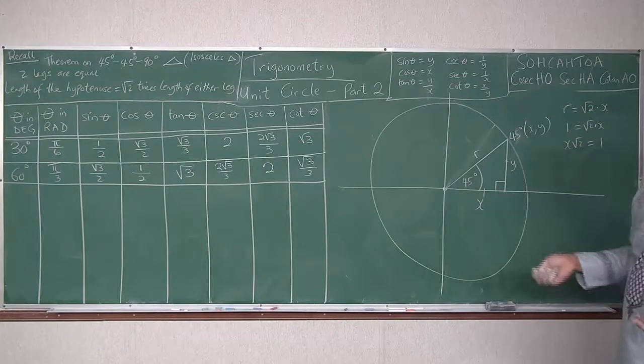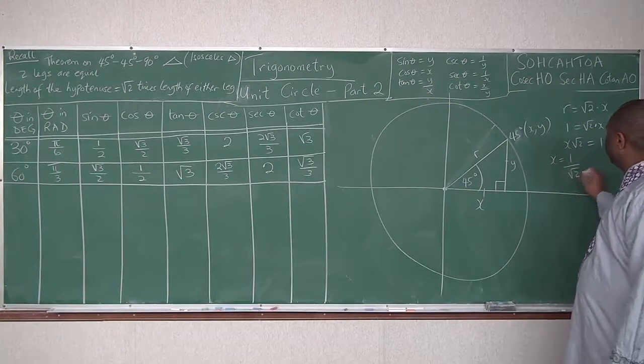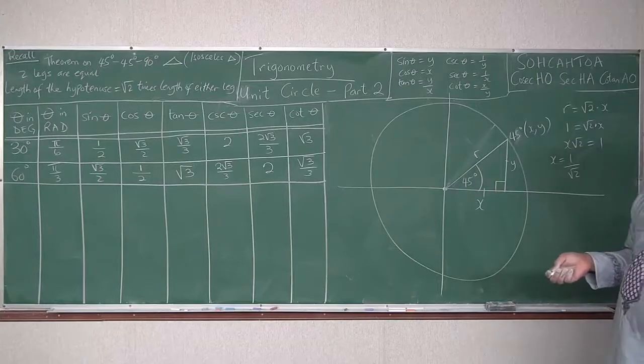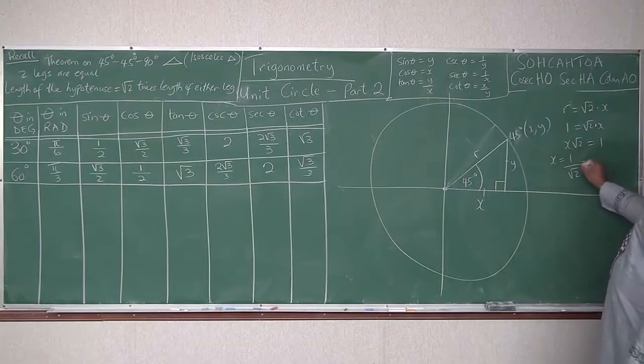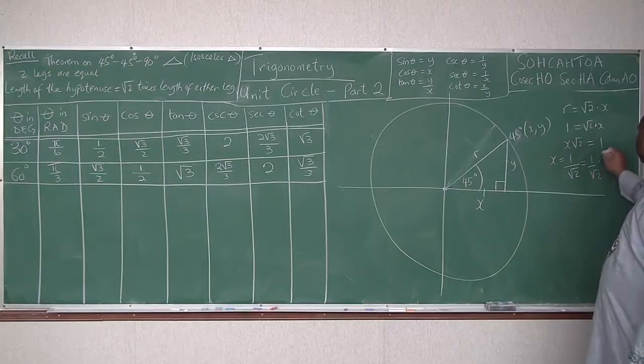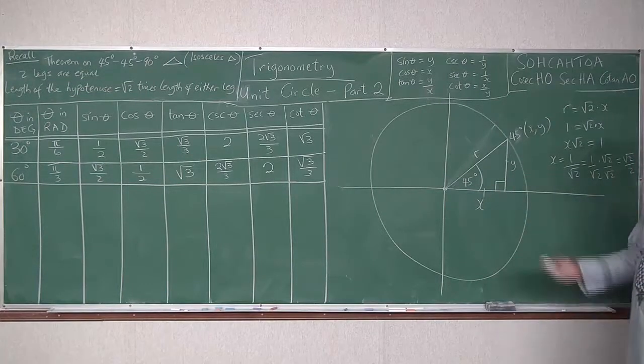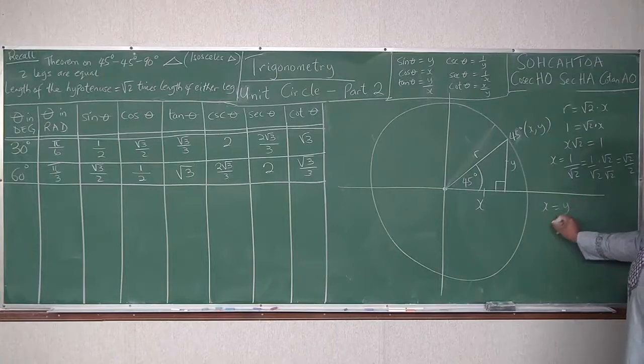And then divide both sides by √2. So x will be 1 over √2. Rationalize it. It will now be 1 over √2 times √2 over √2, which is √2 over 2. So our x is √2 over 2. And our x is equal to y anyway, so our y is also √2 over 2.